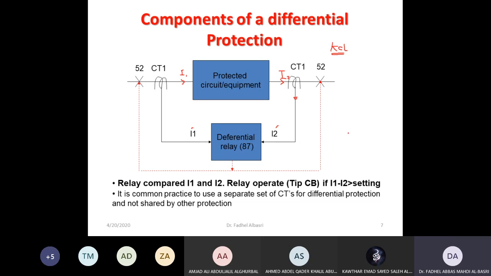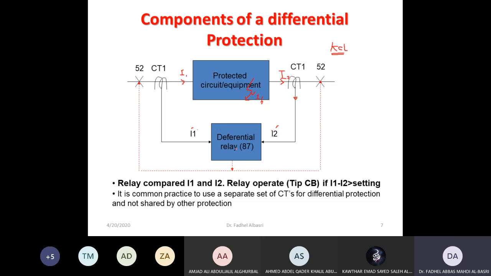A difference of 0 means there is no fault between the two CTs, so there will be no trip action at the breaker. If these currents are different as a result of a fault somewhere here, I1 will be I2 plus I fault. So I1 and I2 will be different, and the difference between them will be I fault.